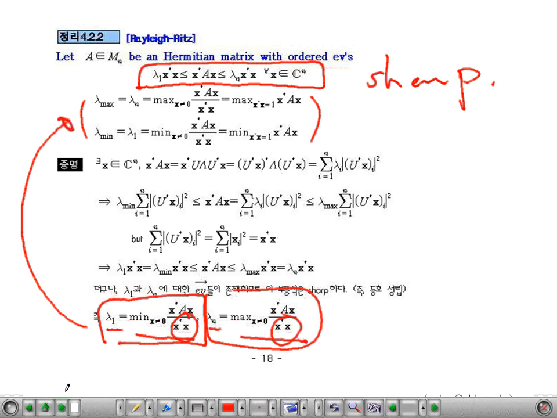This is the fact that was shown by Rayleigh and Ritz. This is very important. As I told you, every matrix can be written as a Hermitian and skew-Hermitian part.